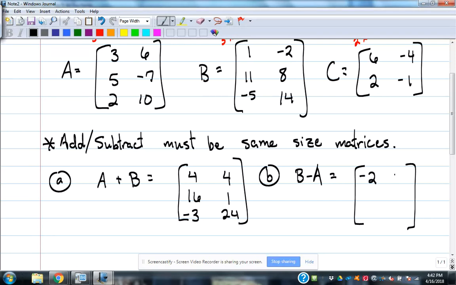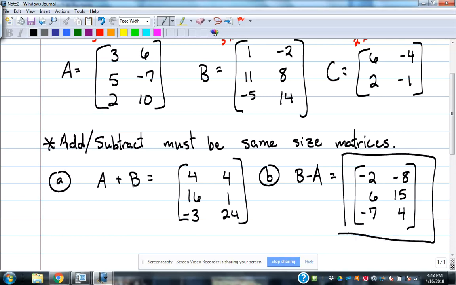Negative 2 minus 6, negative 8. 11 minus 5, 6. 8 minus negative 7, 15. Negative 5 minus 2, negative 7. 14 minus 10, 4. You get that matrix back.